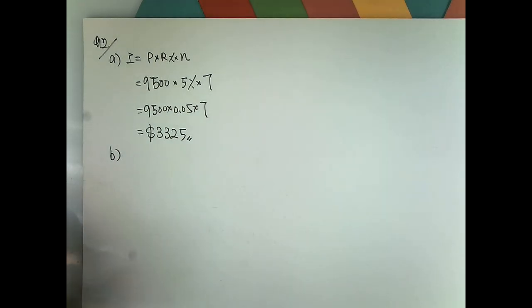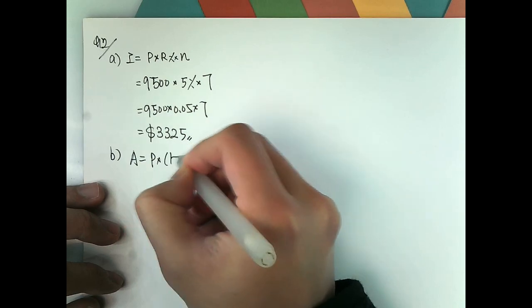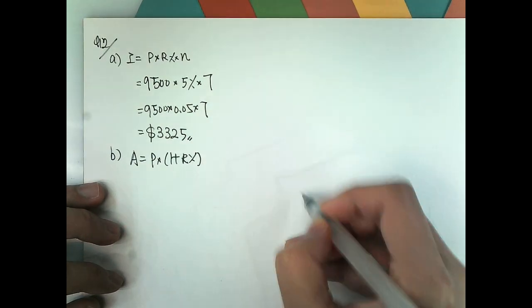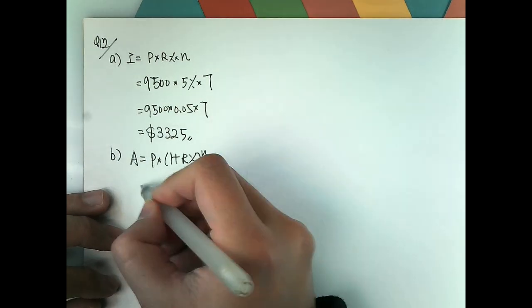Then go to B. So this time it is compounded yearly. Compounded yearly, you have to find the interest. So you always find A, right? Find the A first. Because it's yearly, you have no need to divide it by anything. Understand? So N here.